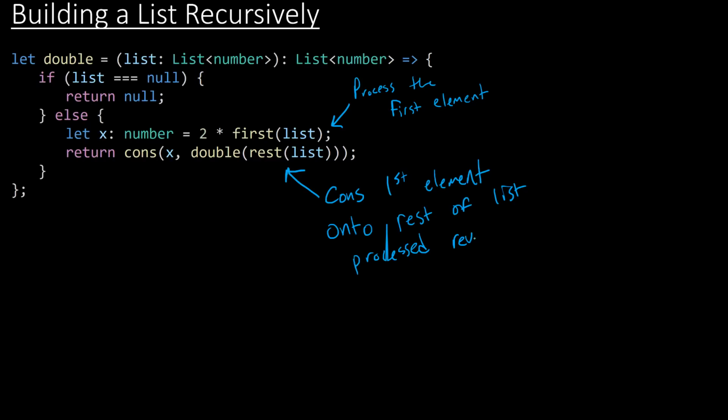And so we'll take a look at what this actually means when this gets processed by the computer step by step. But the idea here is we are going to move through the rest of the list recursively using this double function, and at each point we are processing the first element onto the rest of the list processed recursively. This is kind of like moving people through a line and into the next place.